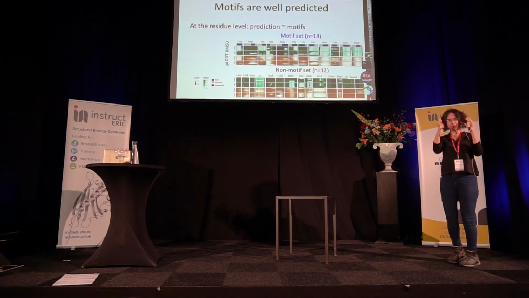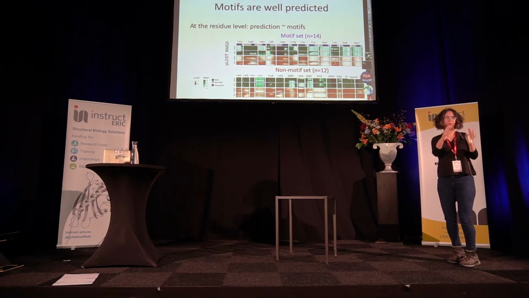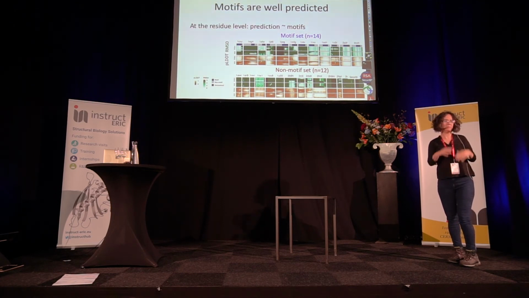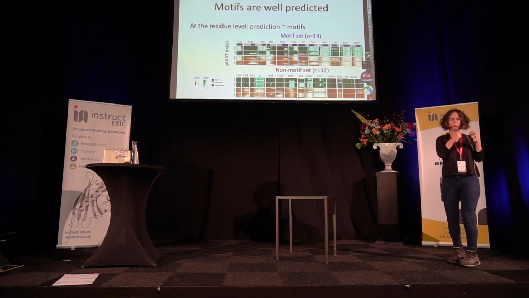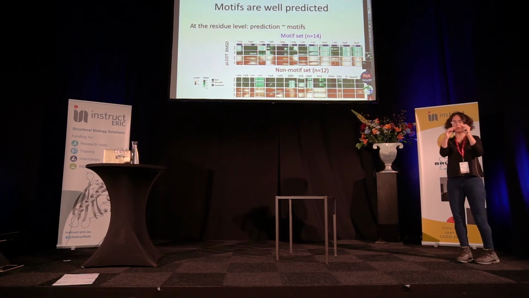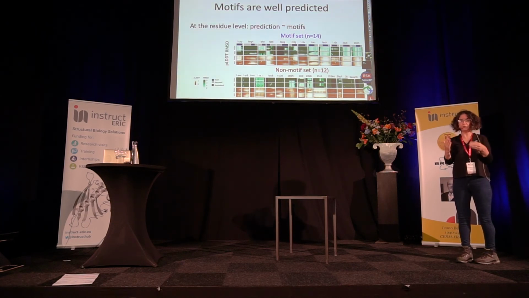Moreover, when we look at the predictions, we can show that the regions that have a motif are very well predicted. And there is a strong correlation between the predicted accuracy, which is pLDDT, and the RMSD. In cases where we have accurate predictions, residues that are well modeled are also the ones that are highly confident in predictions, and that is a possibility to identify new motifs and to identify the structures that are well modeled.